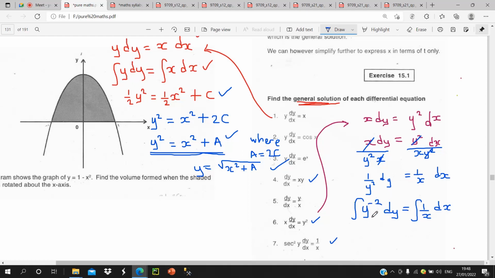So if we integrate this one, what do we have? It's minus y to the power of minus 1, which will be the same as minus 1 over y, right? Yes. What about that side? It's ln x. Then plus your constant of integration, right? Yes. Okay, fine.